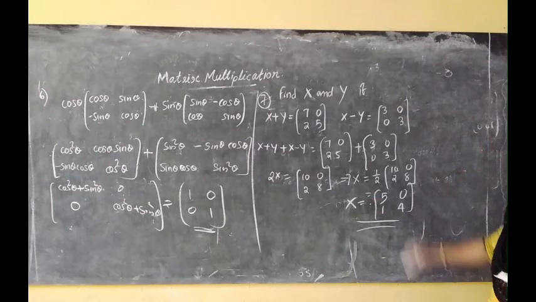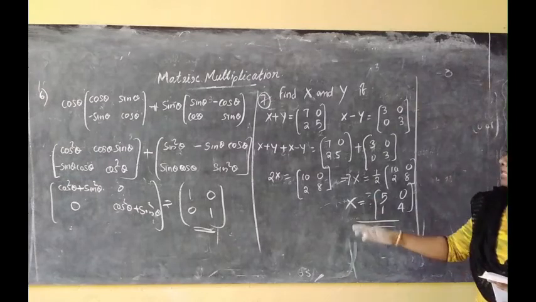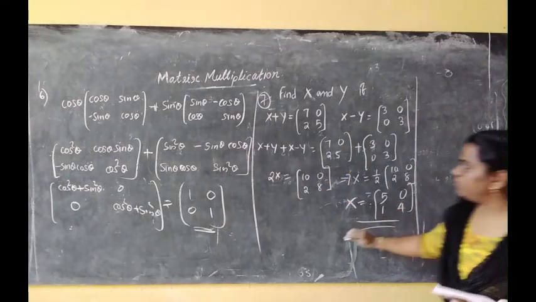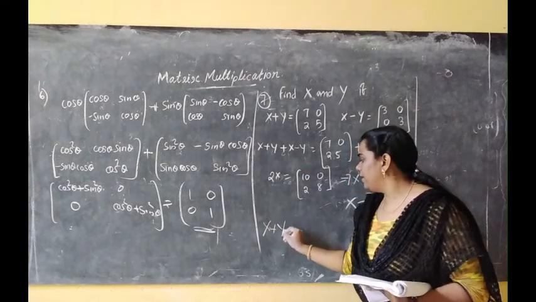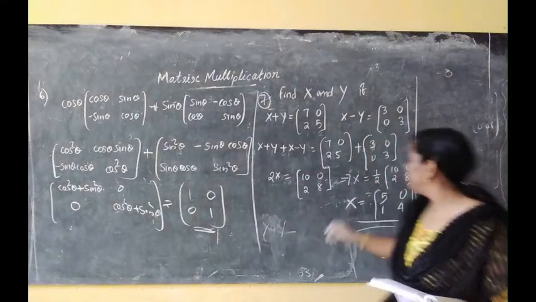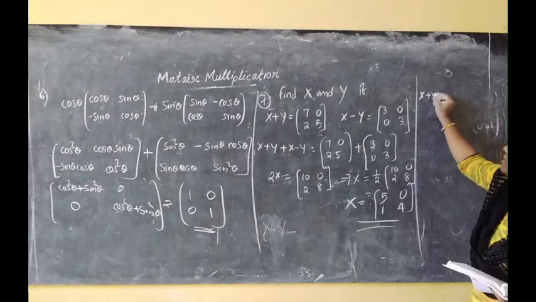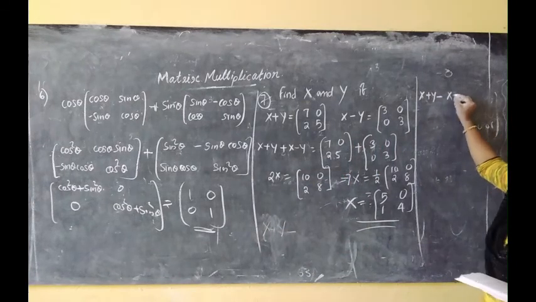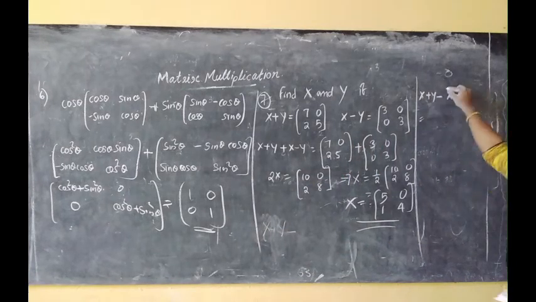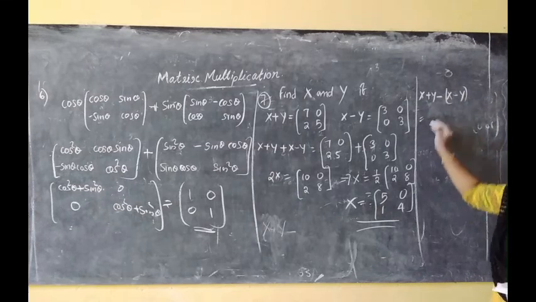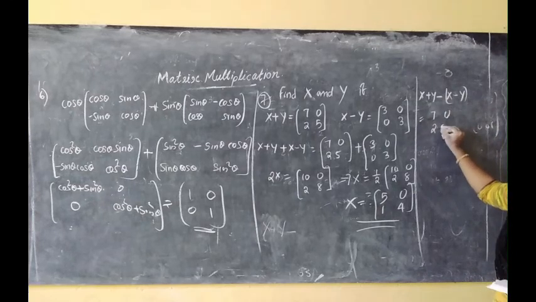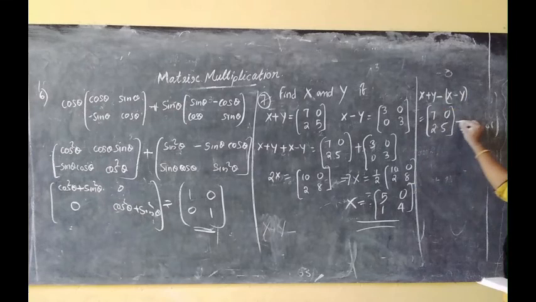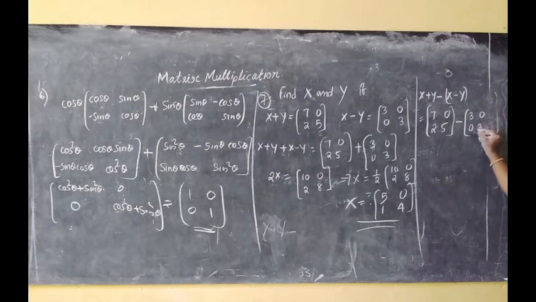How do we find y? You can subtract. On subtraction, what do we get? X plus y minus x minus y. X plus y is 7, 0, 2, 5, minus x minus y, which is 3, 0, 0, 3.